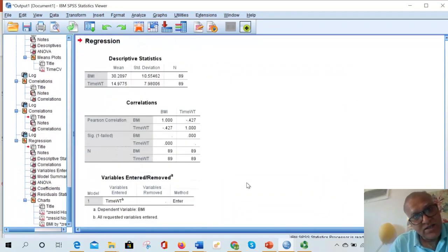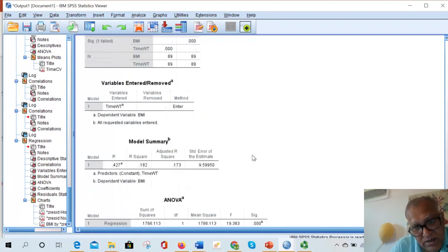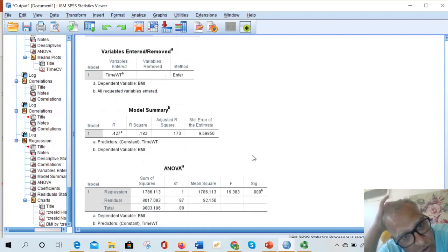Okay, so we're getting these regression results. It's telling us the mean of BMI was 30, the mean of time spent was 40 minutes, and the Pearson correlation coefficient between BMI and time spent is minus 0.42. So same thing, which you already saw. Okay, and in the regression model, the R value, the correlation coefficient, is 0.42.